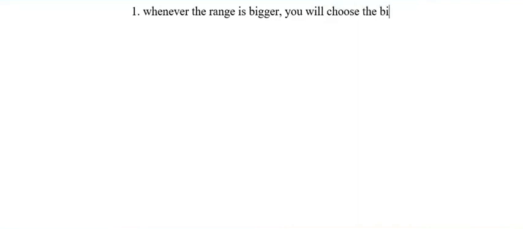So let's write down all the 3 basic rules to find out the square root of the number. Rule number 1: whenever the range is bigger, you will choose the bigger option for the second digit.